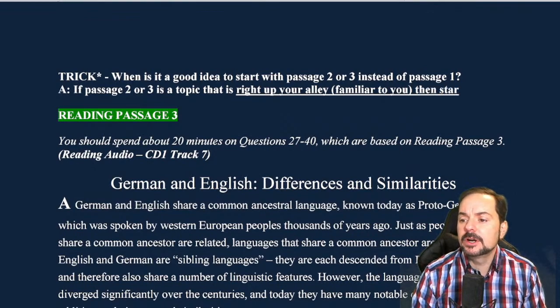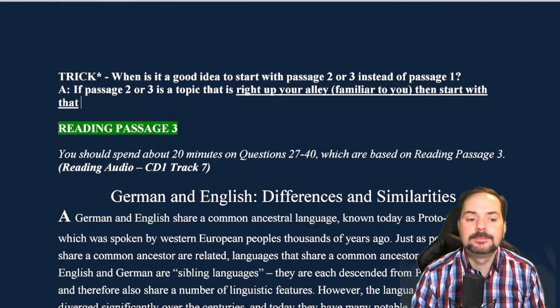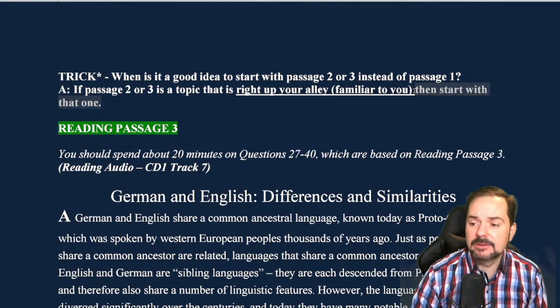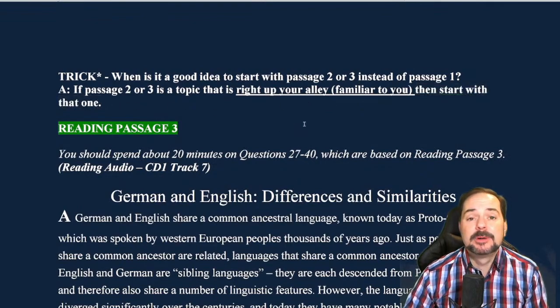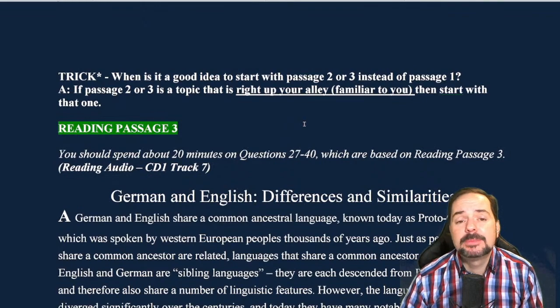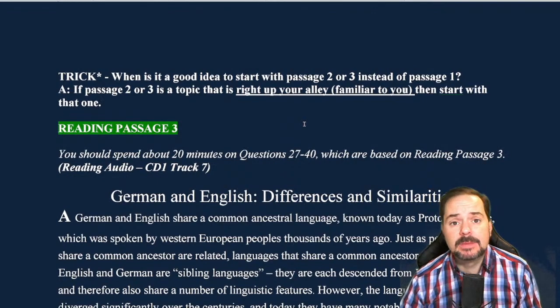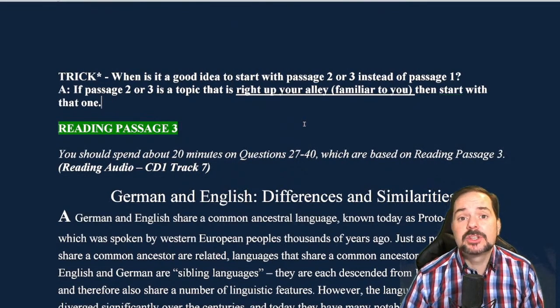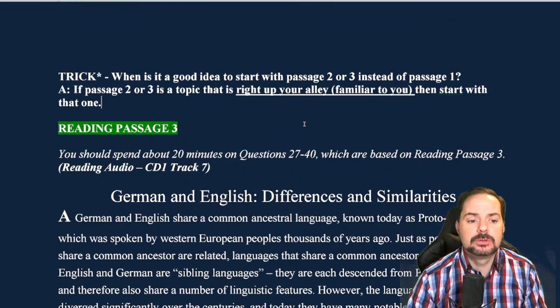Then start with that one, because you'll know the vocabulary. Like, for instance, if it's your university major. So if you have a passage that's about biology and about animals or plants or something like that, and your university major is biology, you do a lot of reading in English about plants and animals, then yeah, start with that one, even if it's passage 2 or 3.